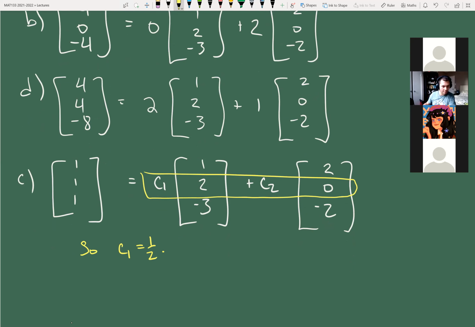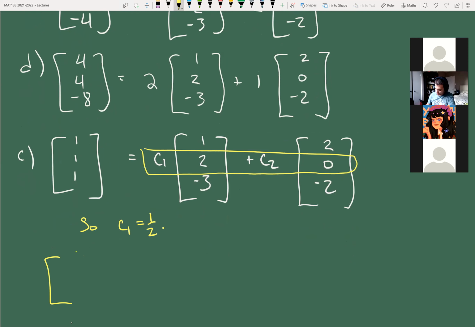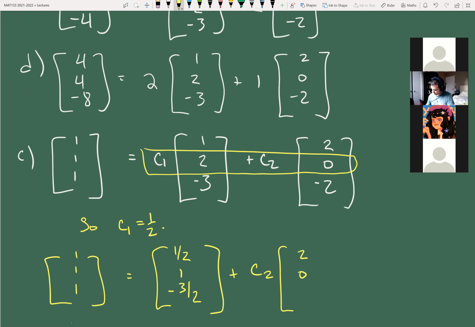Okay, so if C1 is a half, let's plug that back in. What do we get? We're going to get 1, 1, 1 is equal to 1/2, 1, -3/2 plus C2 times the second vector.